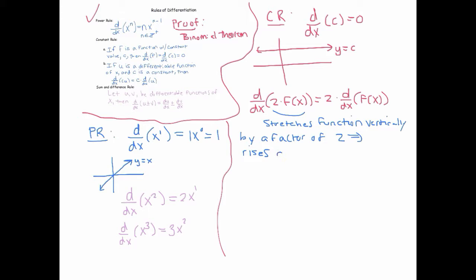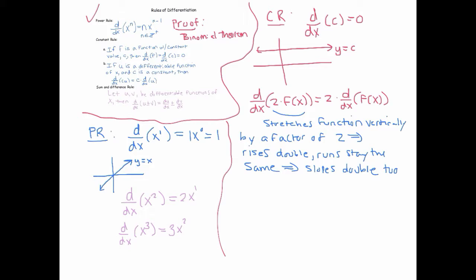Rises double, and your runs stay the same, which means that your slope doubles. All right, so there's just one example, just to give you some sense of why that rule works. But it's easy to apply and convenient, even if you don't write it out as rigorously as I did there.